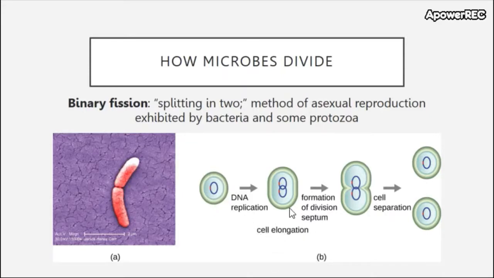Then you have a cell elongation, so this coccus becomes more ovoid in shape. From then on, the cell is triggered into start making two different cells, and you get this formation of a division septum. So this right here is the inward building of the cell membrane and cell wall. And eventually, when this process is complete, you can have cell separation into two different cells.